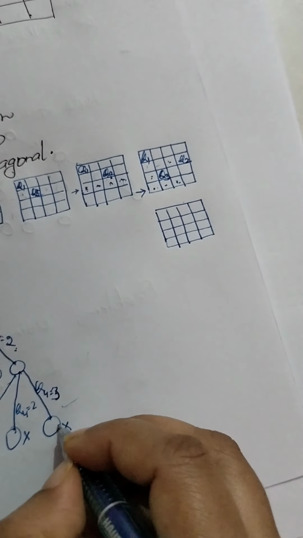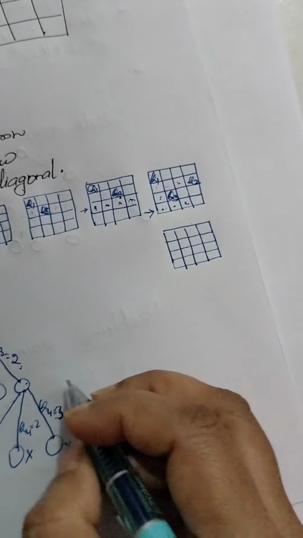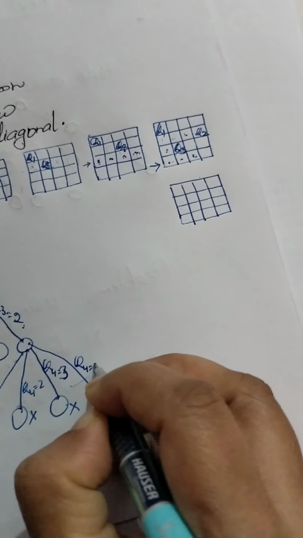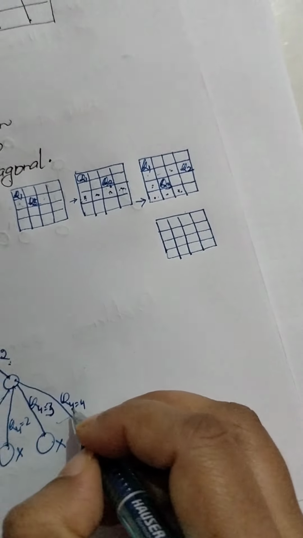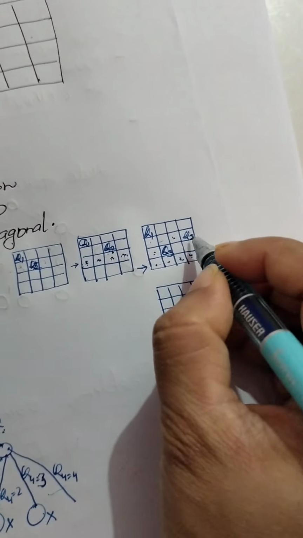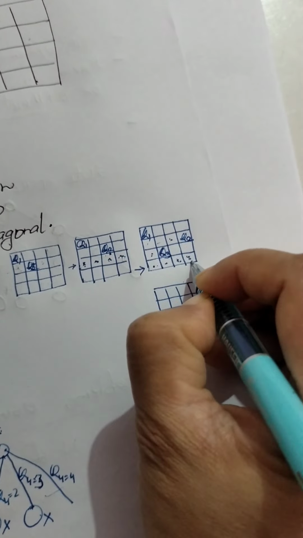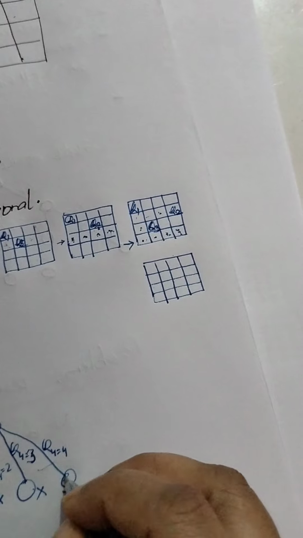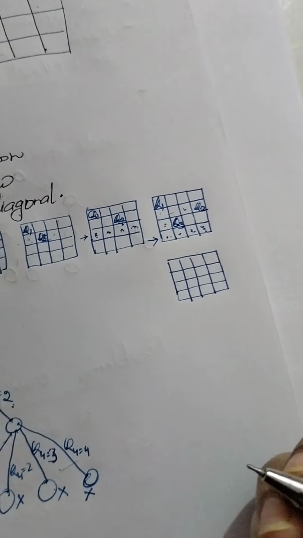So kill that node, we go one step back and check for the last option, Q4 equals to 4. Can we place Q4 at the fourth column here? No, we cannot place because Q2 and Q4 are in the same column. So again we cannot place Q4 in the fourth column.